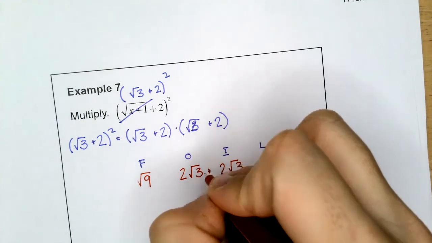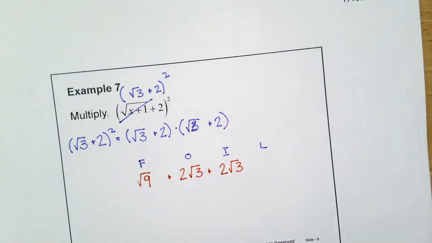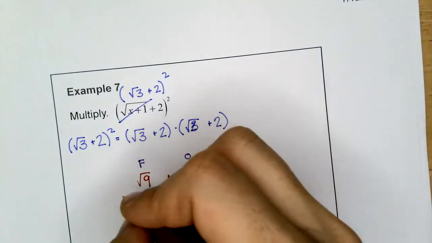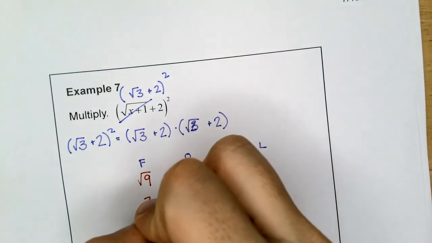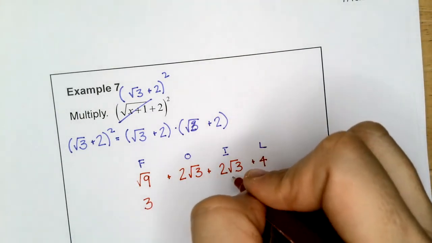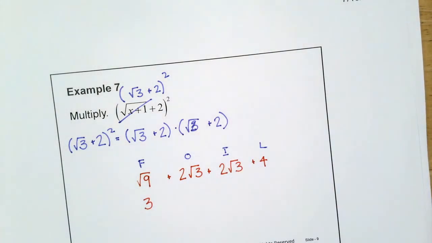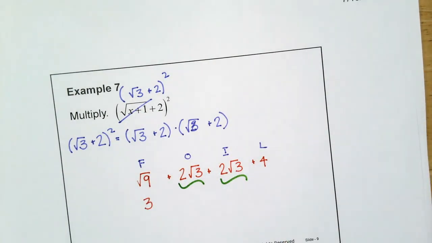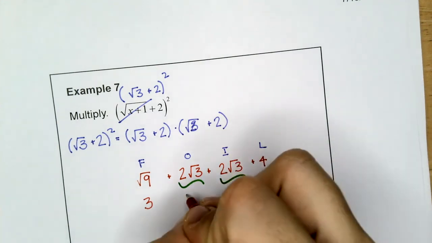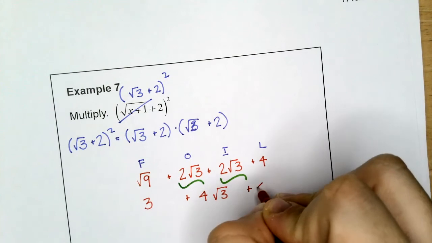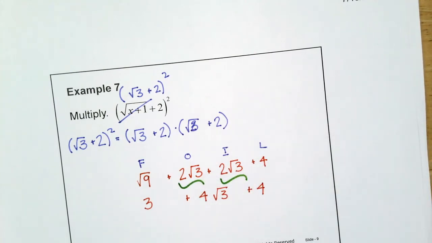And if these are all positive, I put plus signs between them. 2 times 2 is 4. Good. The √9 becomes 3. 2√3 and 2√3 are like terms, so those become 4√3 plus 4. 3 and 4 are like terms.